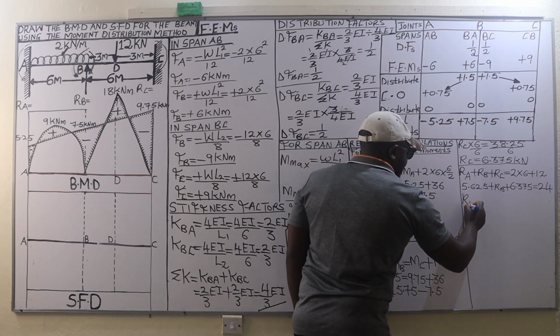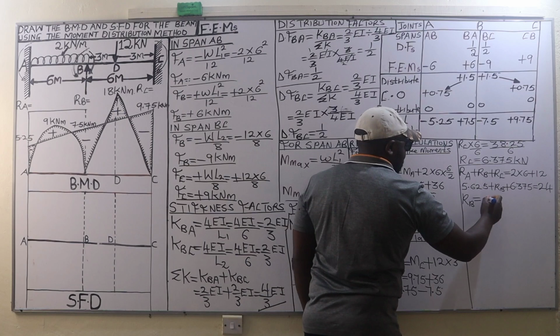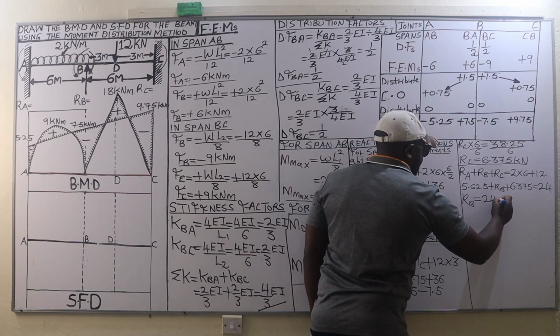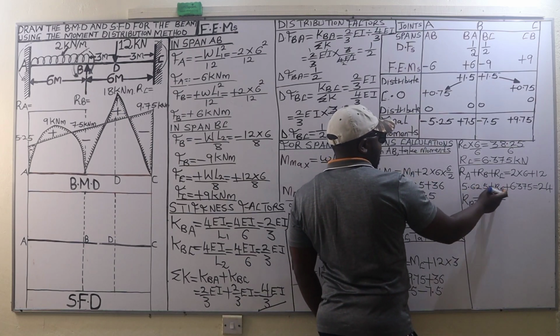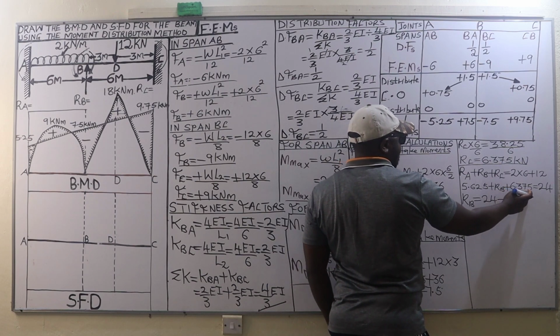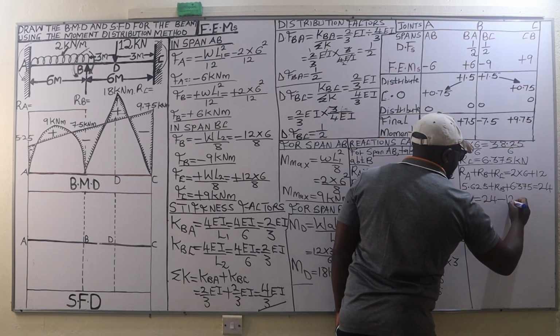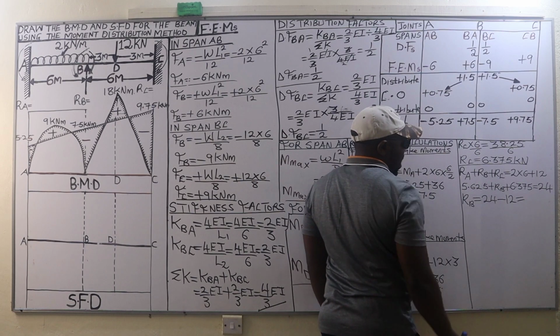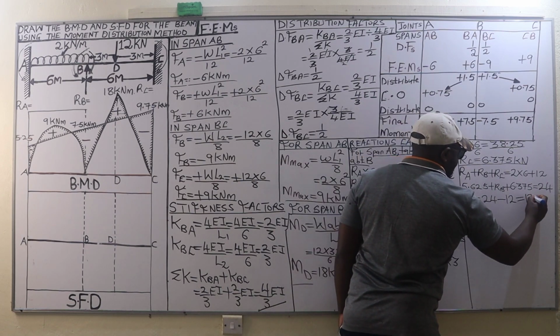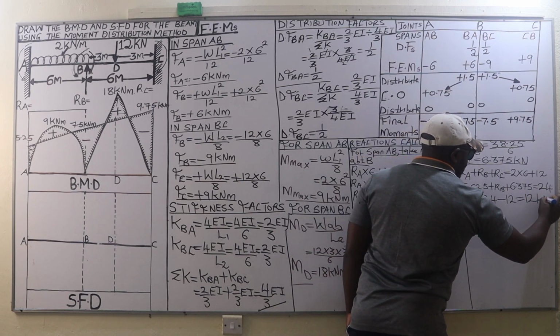And RB will be equal to 24 minus 5.625 plus 6.375, that is 12. And this is going to give us a reaction at B of 12 kilonewtons.